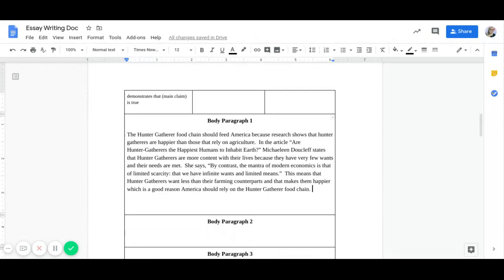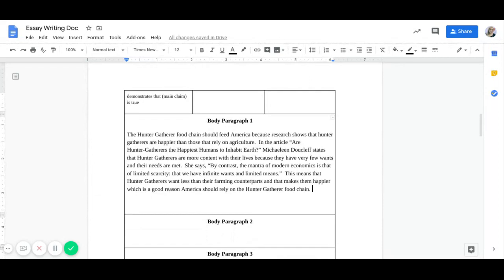Micheline Duhleff states that hunter-gatherers are more content with their lives because they have very few wants and their needs are met. She says, quote, by contrast, the mantra of modern economics is that of limited scarcity, that we have infinite wants and limited means. This means that hunter-gatherers want less than their farming counterparts, and that makes them happier, which is a good reason America should rely on the hunter-gatherer food chain.